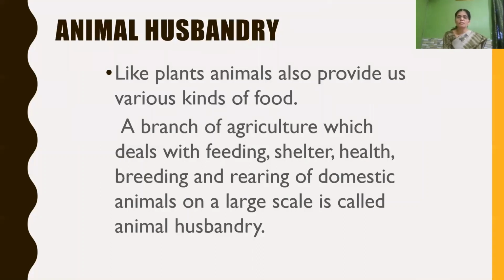And then we have discussed what foods we get from animals. We get milk, meat, egg, honey, etc. from animals. Even fish is rich in protein. We get cod liver oil, etc. from fish.